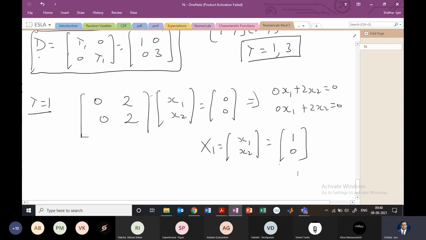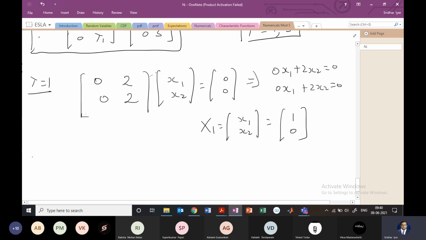Okay. Next, lambda equal to 3. For this, the value of A is 1, 2, 0, 3. So 1 minus lambda, 1 minus 3 will give you minus 2, 2, 0, and then you have 3 minus lambda, which is 3 minus 3, which will be 0.